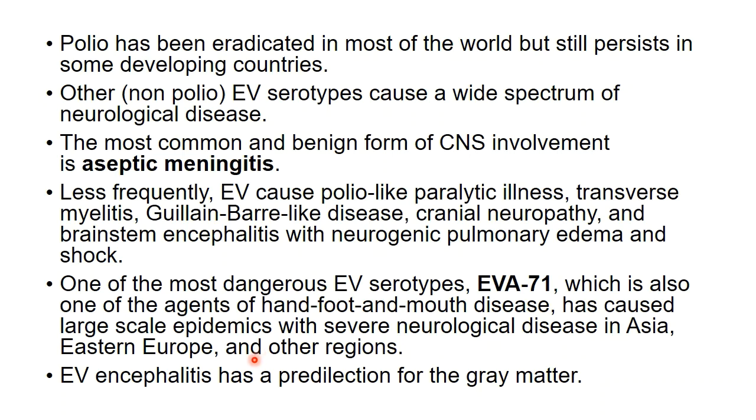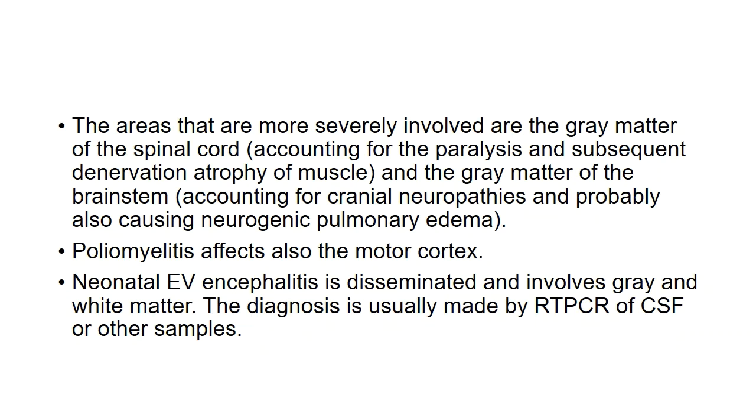Enterovirus-induced encephalitis has a predilection for the grey matter, as we have already discussed. That is, the poliovirus, or polio in Greek, means grey. So the areas that are most severely affected in polio are the grey matter of the spinal cord and the grey matter of the brain stem, resulting in the characteristic cranial neuropathies. Poliomyelitis, as we all know, affects the motor cortex.